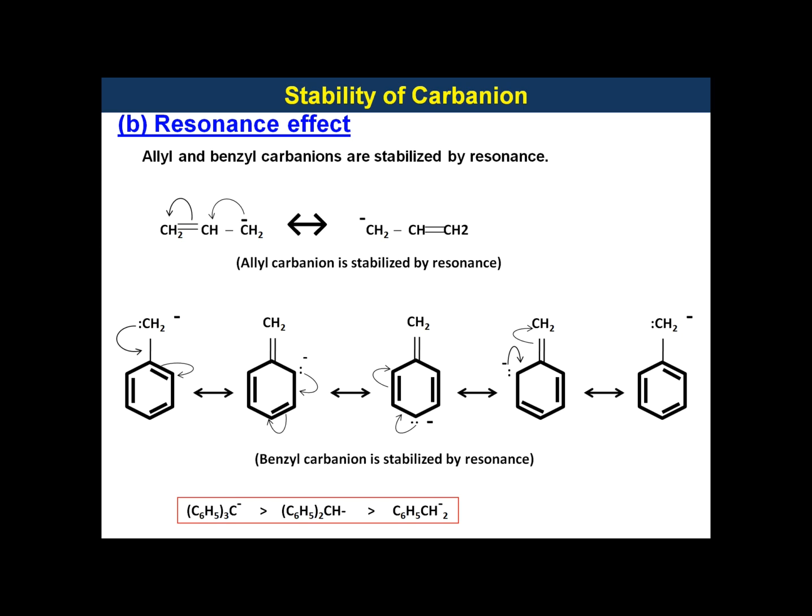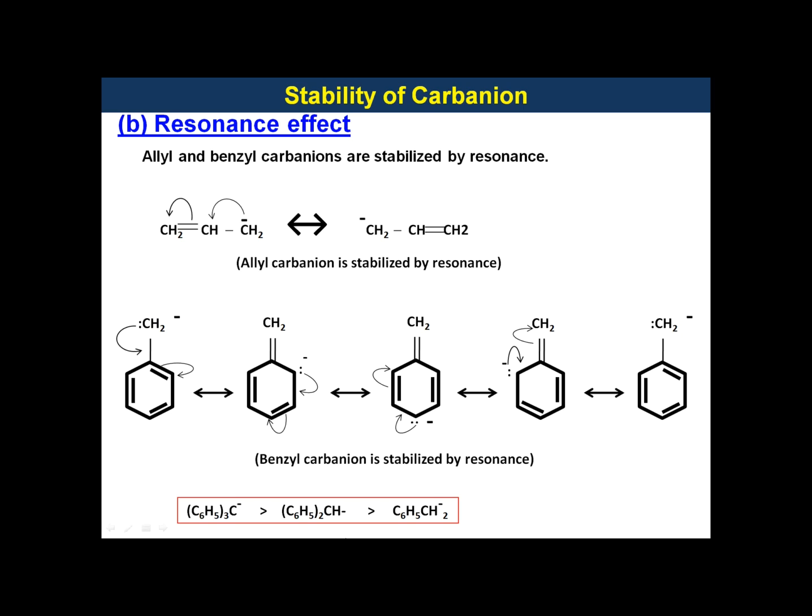If we compare allyl and benzyl carbanion, benzyl is more stable because of more number of contributing structures. Similarly, the di and triphenyl methyl carbanions are more stable compared to benzyl anion.